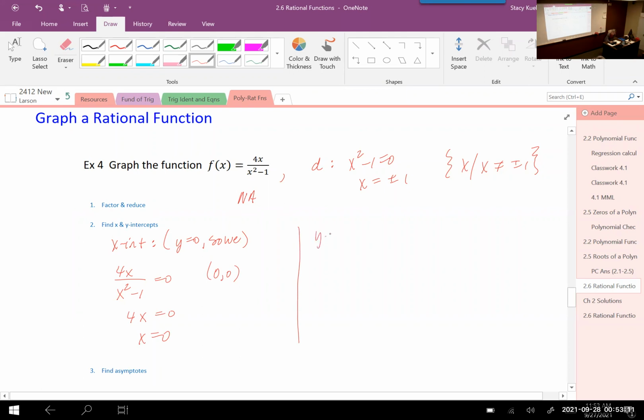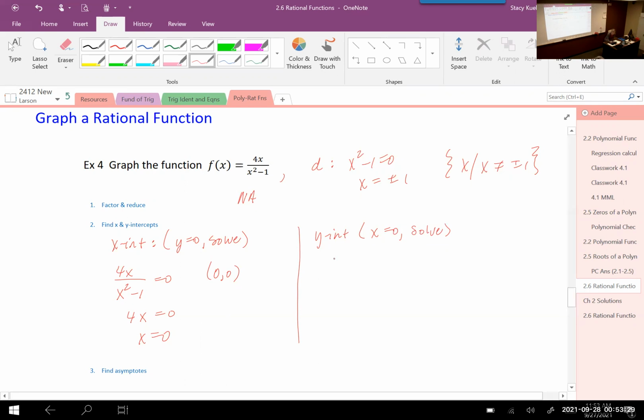Now let's find the y-intercept. That's where we let x be equal to 0 and we solve. How did you get y equals 0? Because I'm looking for the x-intercept. Oh.